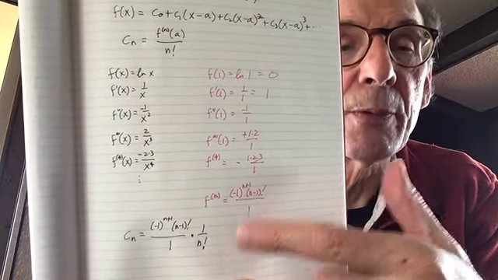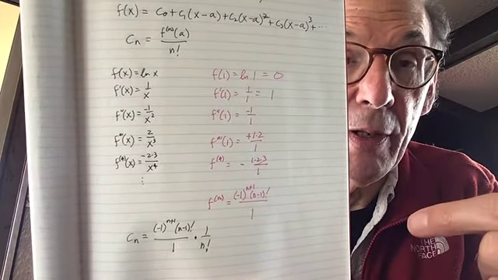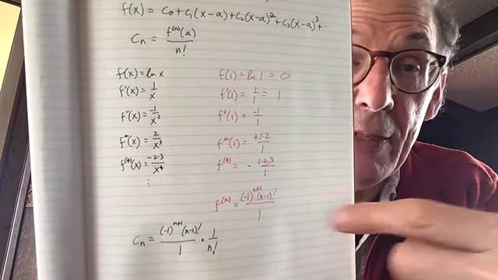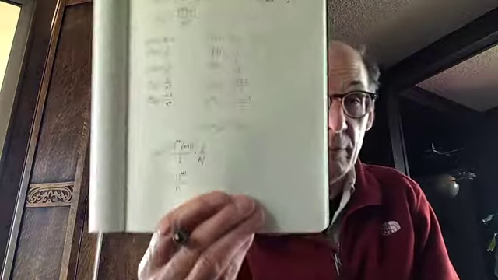N factorial means 1 times 2 times 3 up to n minus 1, and then times n, and everything cancels except the n here. So what we're left with is that this coefficient is minus 1 to the n plus 1 over n. Boom.